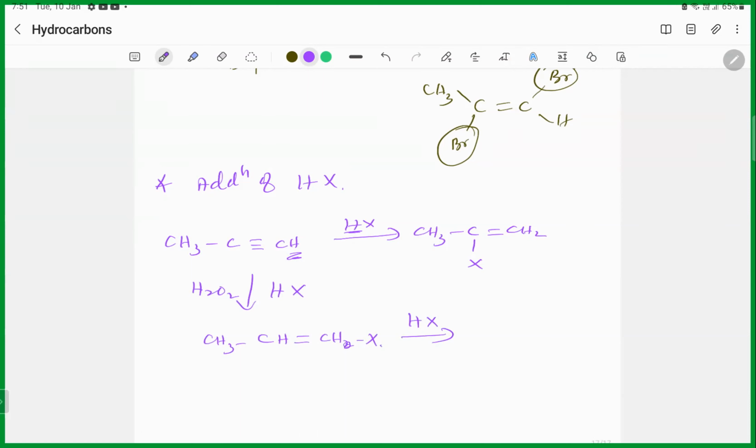So here only you have the more number of. So this will be the addition product.